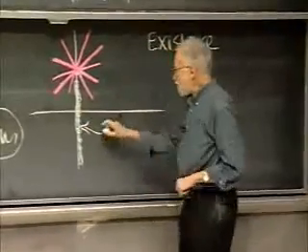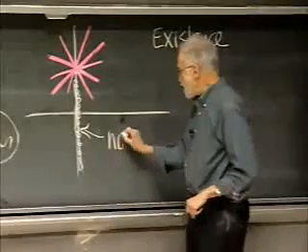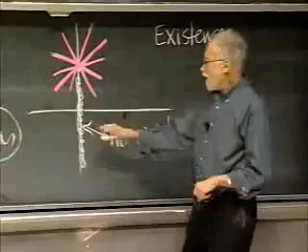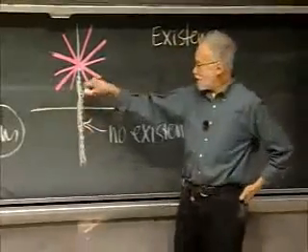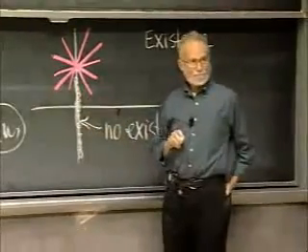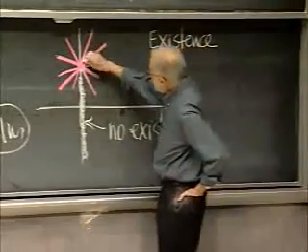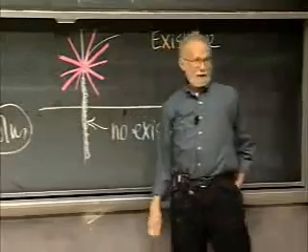For each of these points, there is no existence. There is no solution to this differential equation which goes through any of these wiggly points on the y-axis. With one exception, this point is oversupplied.